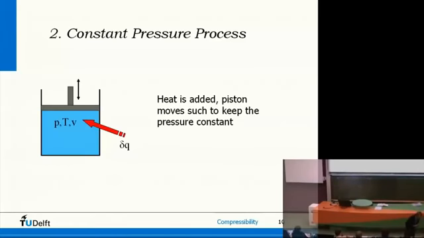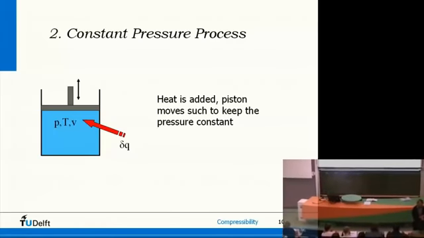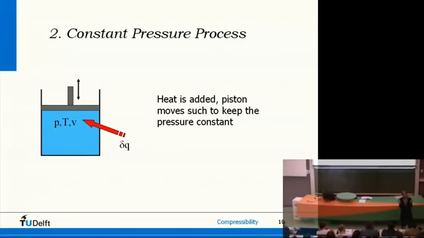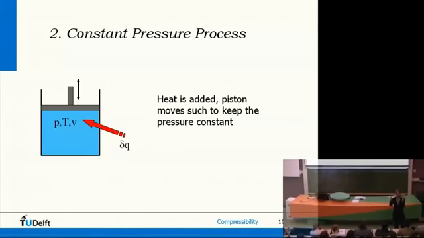A piston, yeah. So how do I do that? I change the volume. So having, for example, a piston, three walls and a piston, which moves such that the pressure is constant. So no pressure changes.